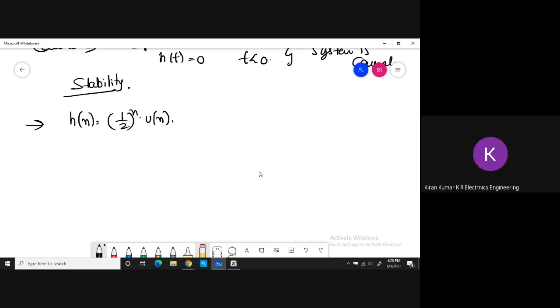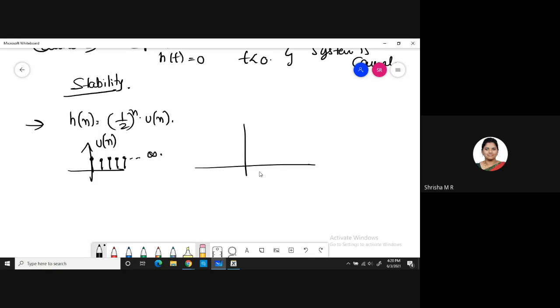From 0 to the positive side. You have a unit step here. The unit step signal u of n will start from 0 and go up to infinity. It is multiplied with half to the power of n. So h of n is a signal existing from 0 to infinity, multiplied with half to the power of n.